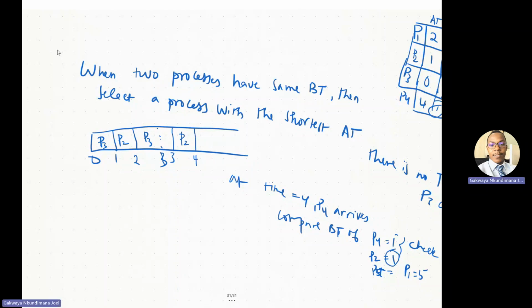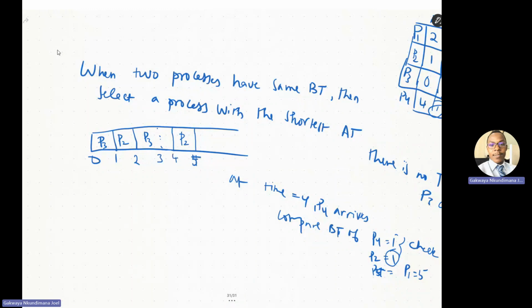At this time we write here at time 4, P4 arrived, and it has one time to execute, which means at time 5, P2 completed, right? So since P2 completed at this time, let me write clear here. So this was a 3.